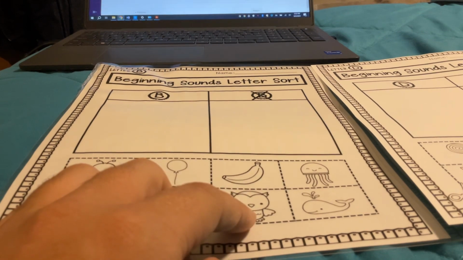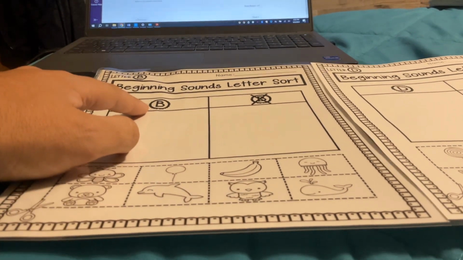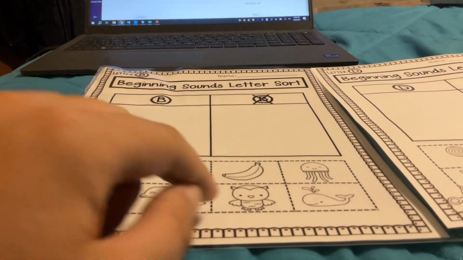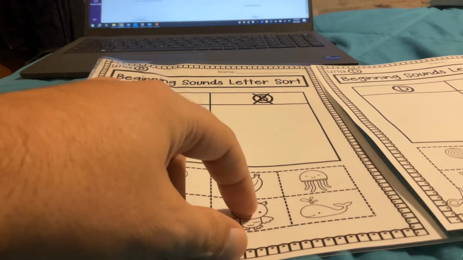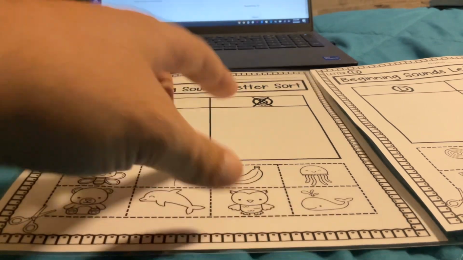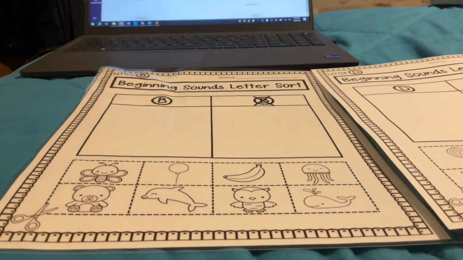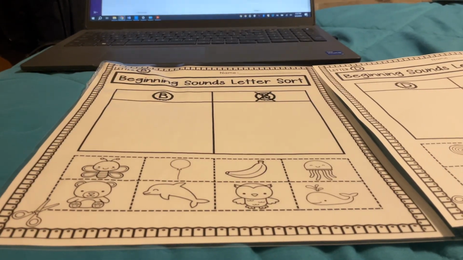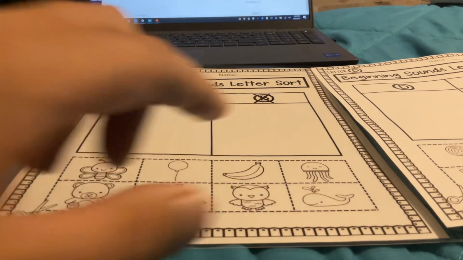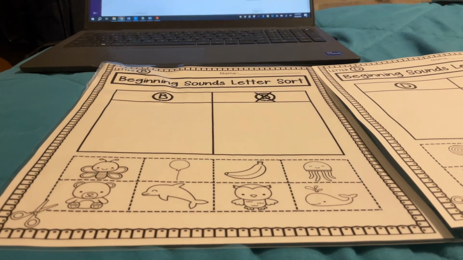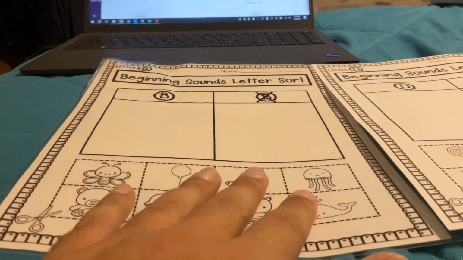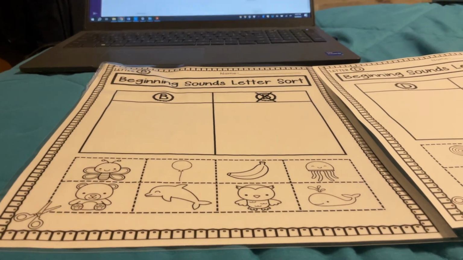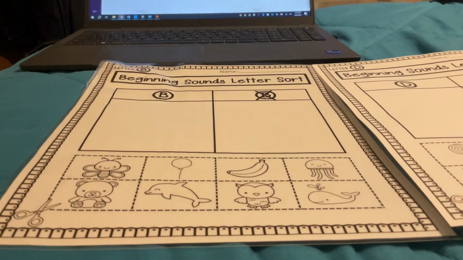Does this ow make the same sound as b? And if they say no, then we know they put it in the wrong category. Then they know it should go under the non-B sound, and go from there. And once they can start mastering this without any help, then we can build onto that, of course, with the middle and ending sounds.